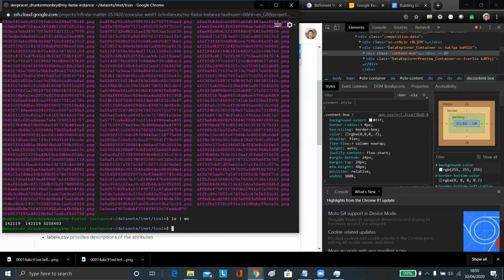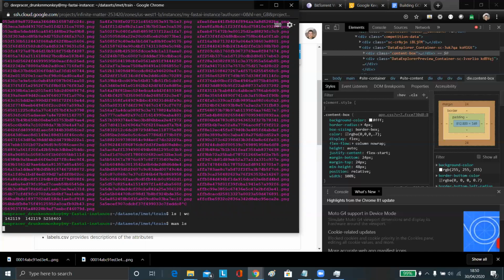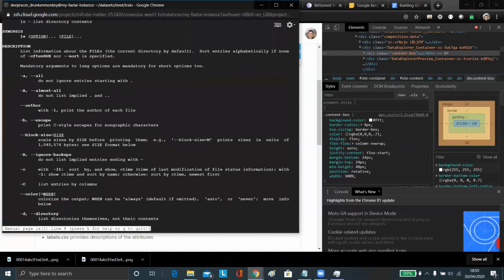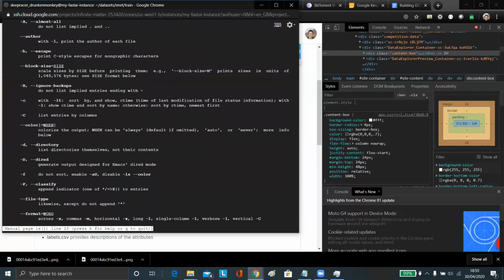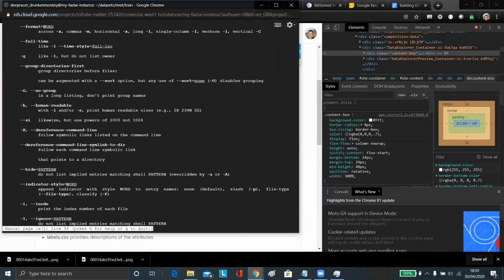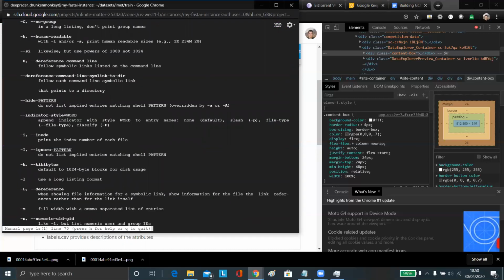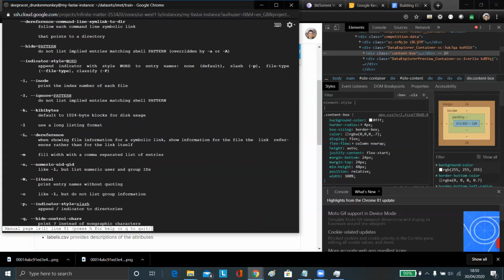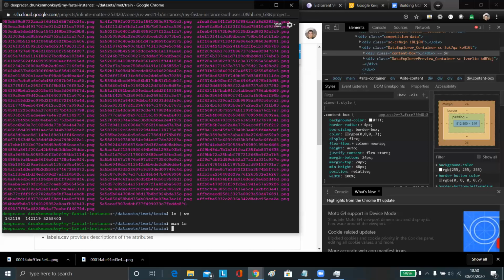I'm thinking like man ls, get it to tell us. I think we should be able to tell what the count is.